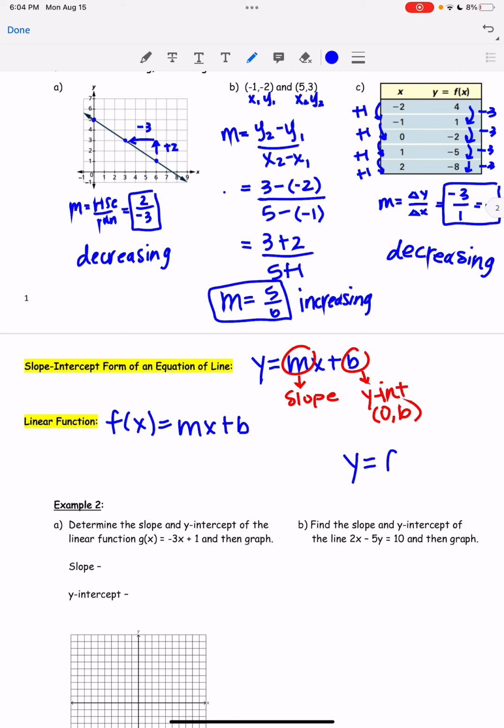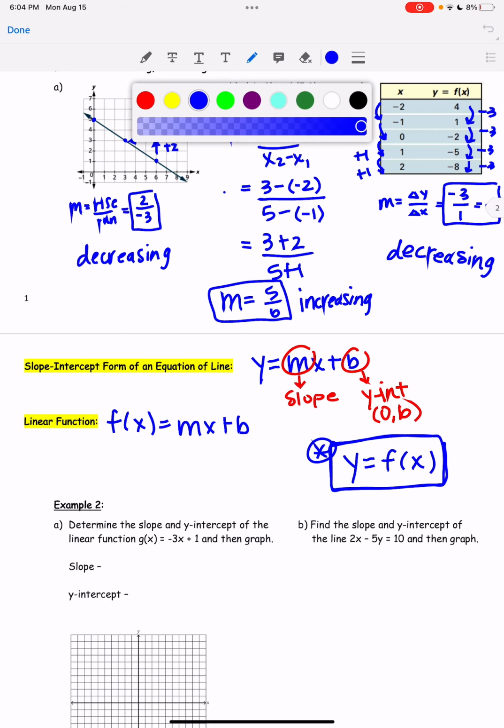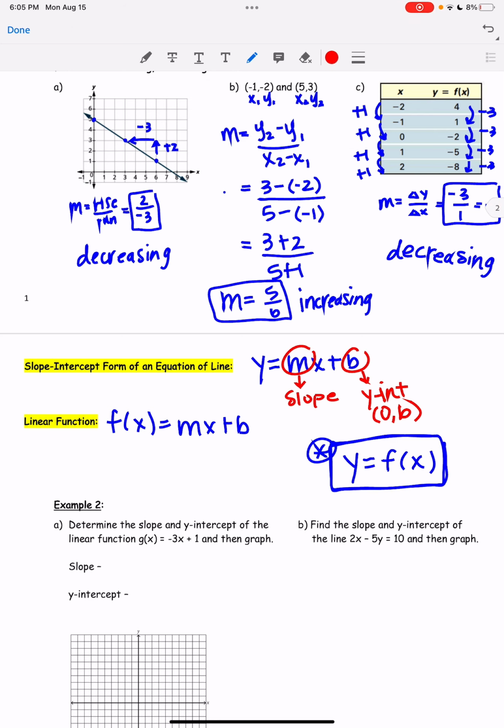Y and f of x are the same thing. So we need to keep that in mind. Because of that, that means this is the same thing. Your m is your slope, and your b is your y-intercept, which is again in the form 0, b.